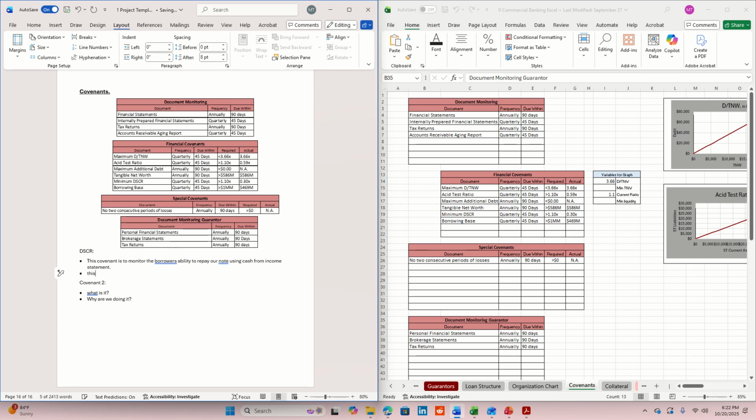This covenant will be calculated as follows. Now you guys should have the exact same statement as me.